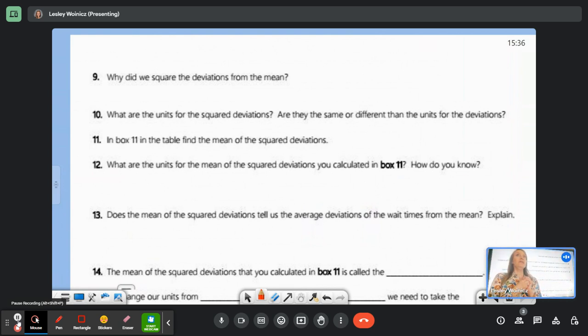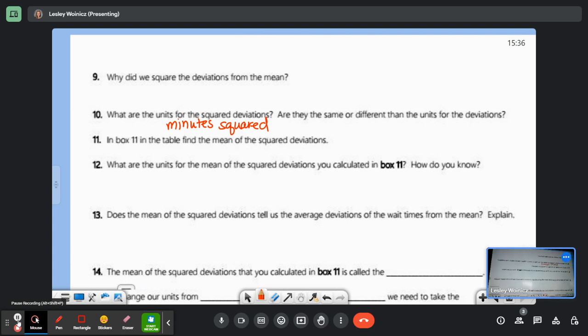Now, if the deviations were in minutes, which is what you guys just told me, what happens when we square the deviations? What are those units? Minutes what? Minutes squared. Okay, are they the same or different from the units for the deviations?